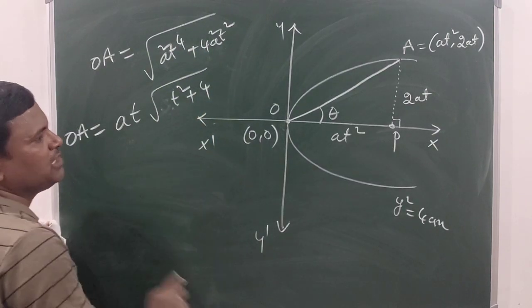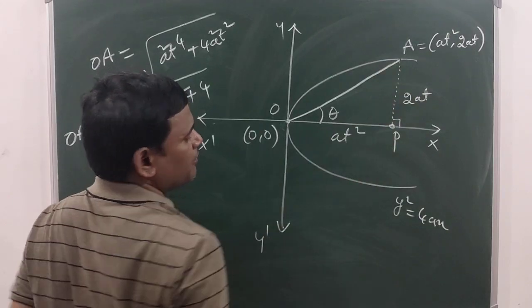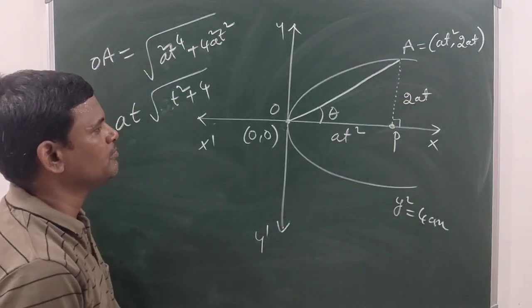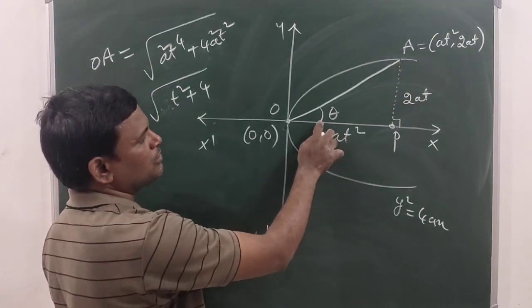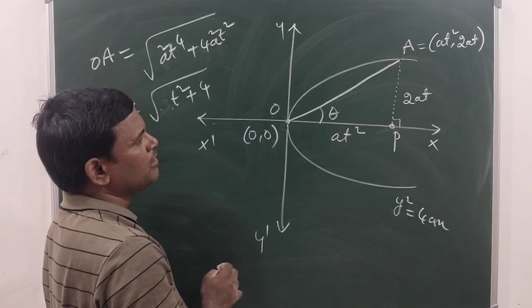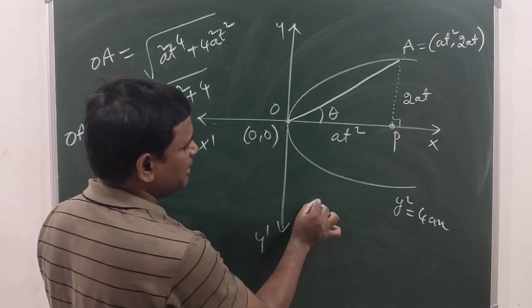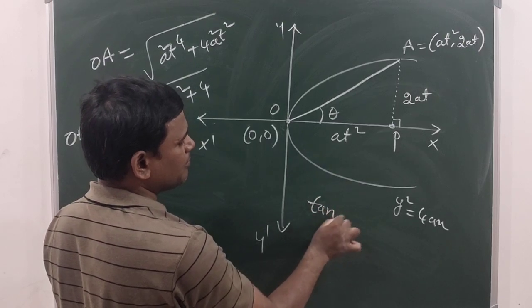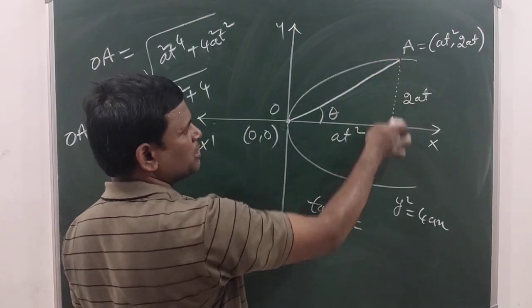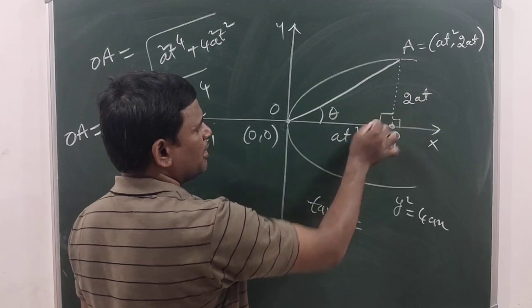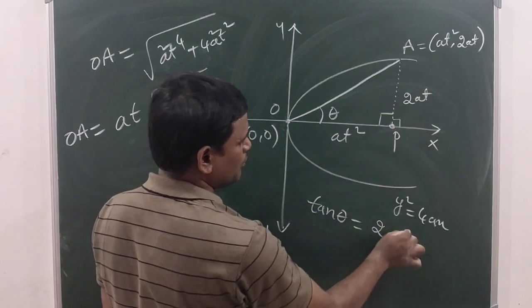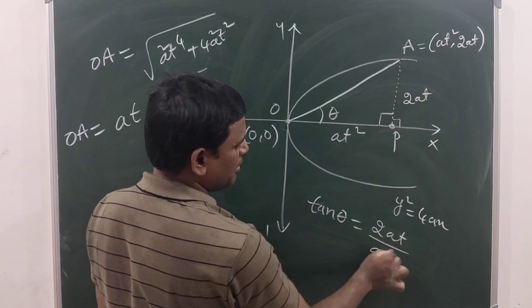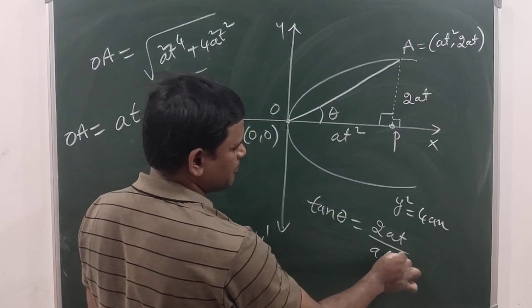Keep it aside and come here and define sin theta or cos theta. So what I want to define here? Define tan theta. You better define tan theta. Tan theta is how much? Opposite by adjacent, 2at by at square.